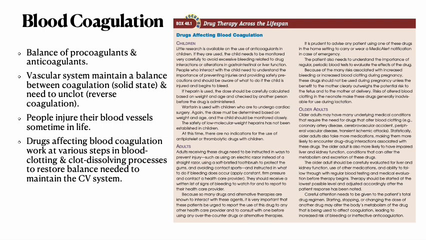Drugs affecting blood coagulation work at various steps in the blood clotting and blood dissolving processes to restore the balance needed to maintain the cardiovascular system. So you have there drug therapy across the lifespan. I will leave it up to you to look closer when you get a copy of your PLP.